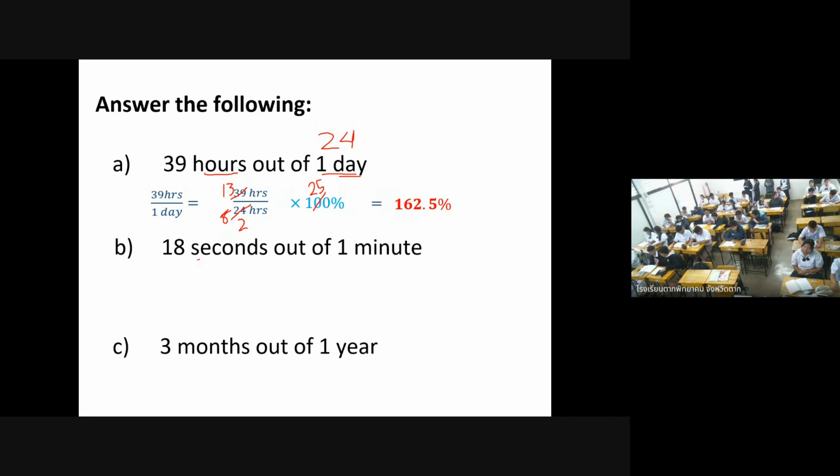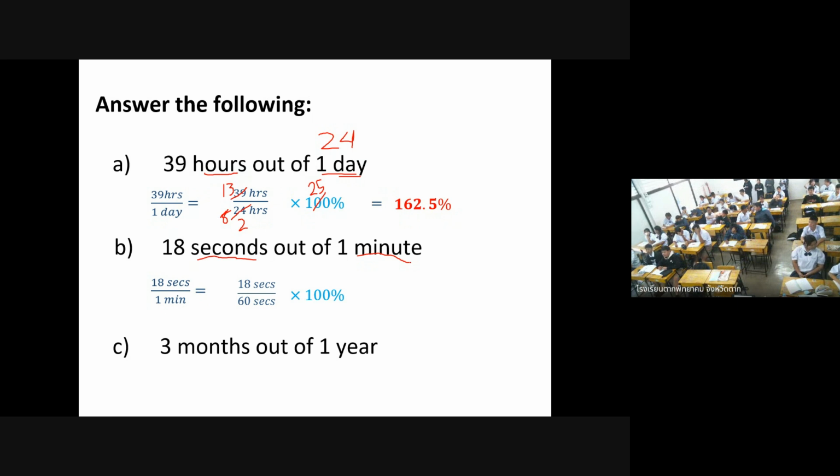We have seconds and then we have minute. Seconds means seconds. How about minute? 1 minute is how many seconds? 60. So we're going to have 18 seconds over 1 minute, which is actually the same as 18 seconds over 60 seconds. And again, since we're looking for percentage, we're gonna multiply by 100%.